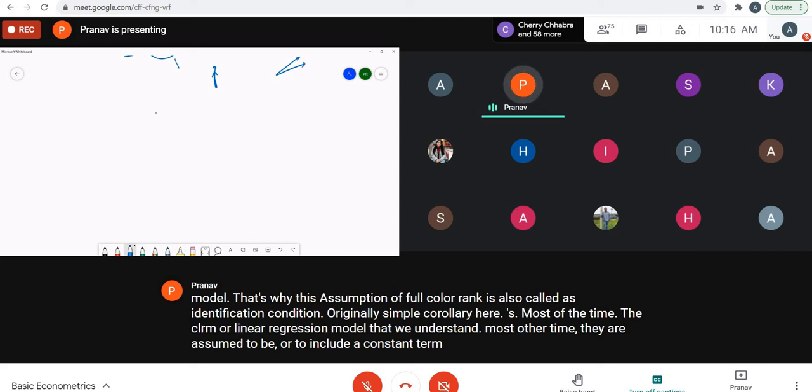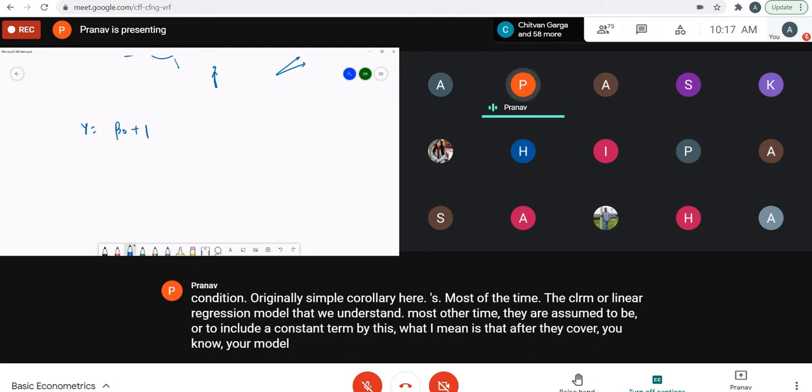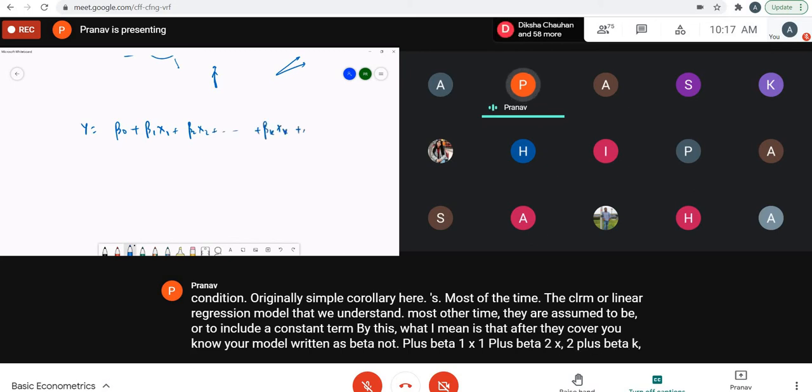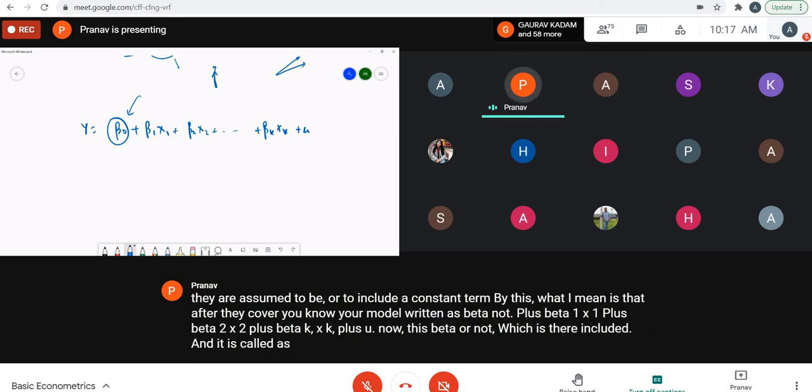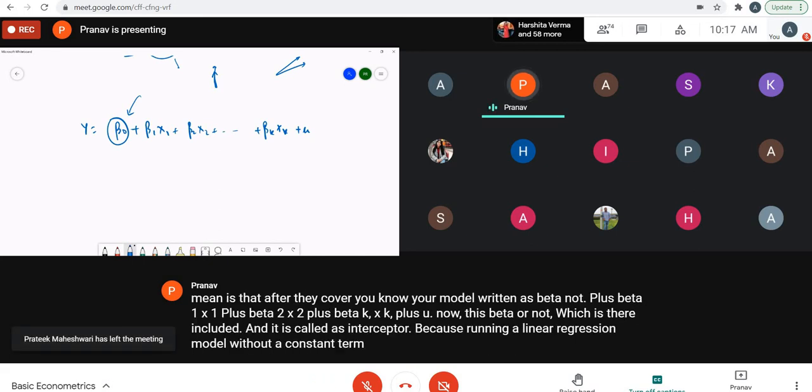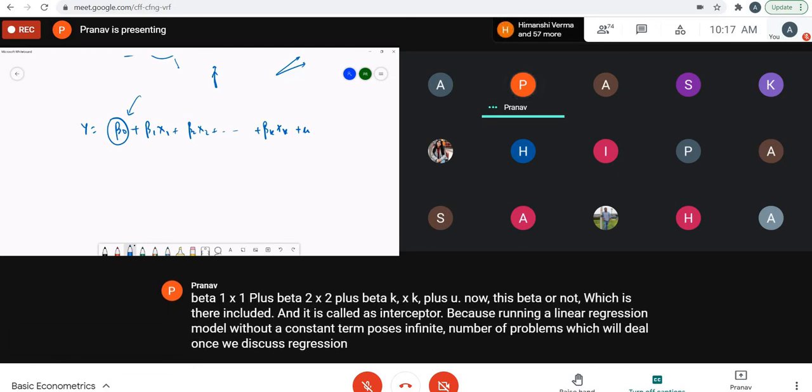By this, what I mean is that you would have seen your model written as beta naught plus beta 1 x1 plus beta 2 x2 plus beta k xk plus u. Now this beta naught, which is included, is called the intercept term, because running a linear regression model without a constant term poses infinite number of problems, which we'll deal with once we discuss regression without a constant term.